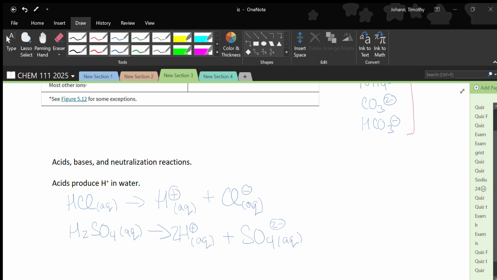Okay. You guys see how that works? We'll talk a lot more about acids later on. But for today and for this chapter, we're just concerned with neutralization reactions.